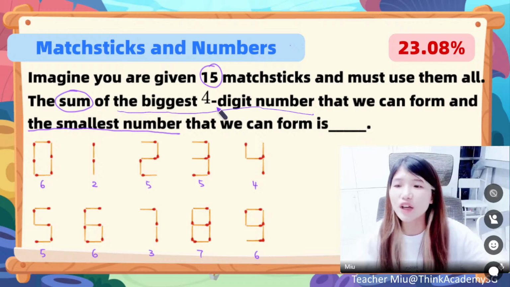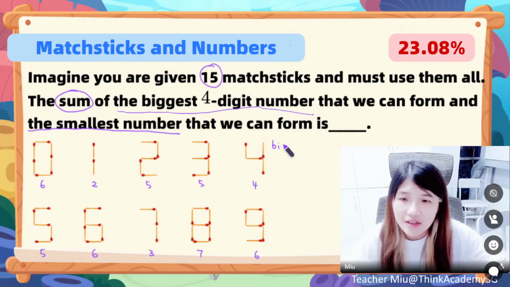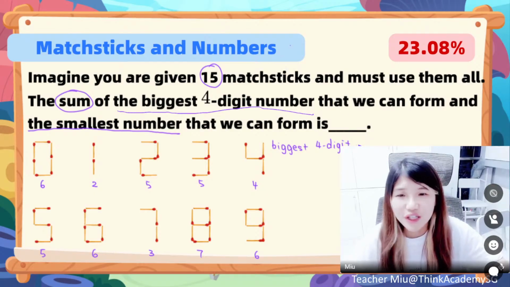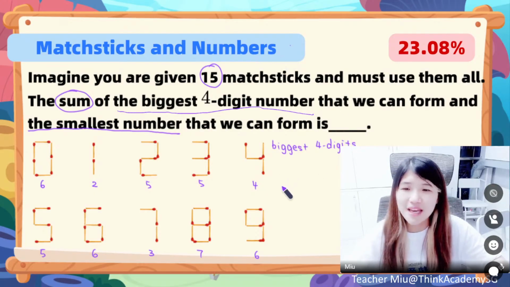Then we can go to the biggest 4-digit number. Since it told you it's a 4-digit number, there must be thousands, hundreds, tens, and ones.